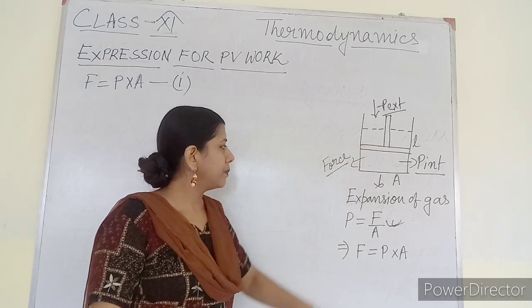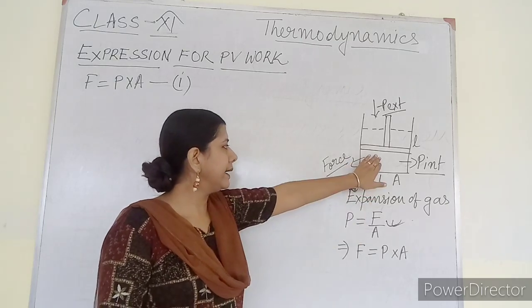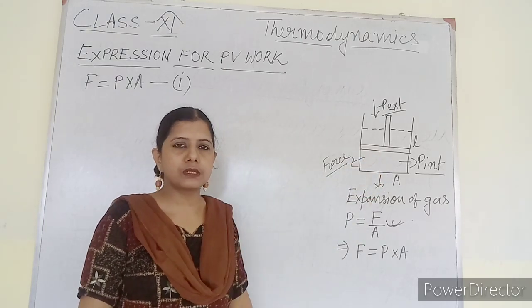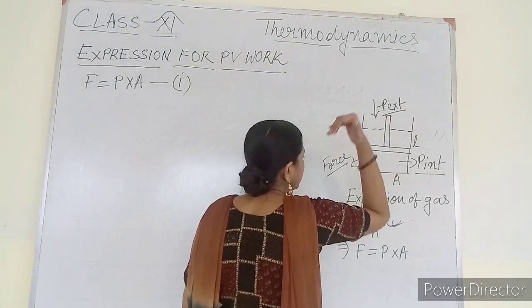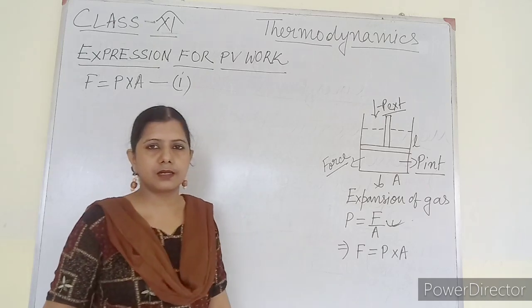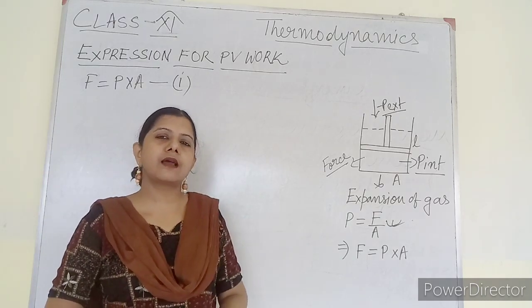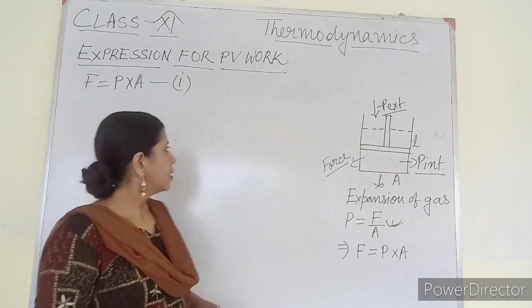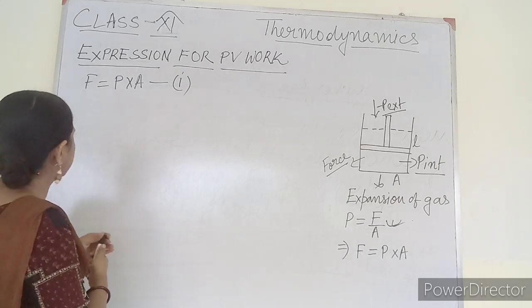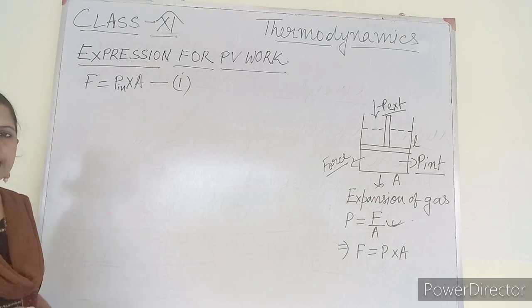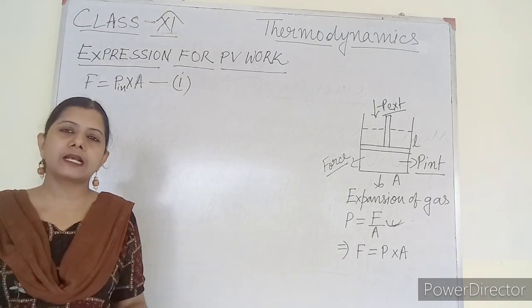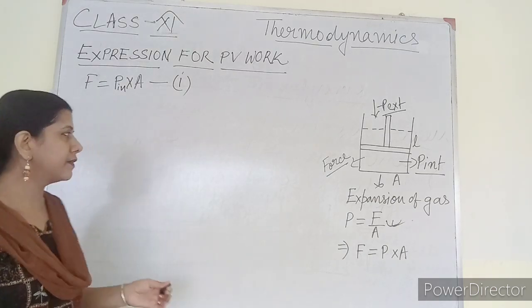When I have taken expansion of gas, P internal will be positive. But if I make it equilibrium with P external, in that case I have to take the negative sign. So instead of P, I can write P internal. In the second step, I will write P external by taking the negative sign.